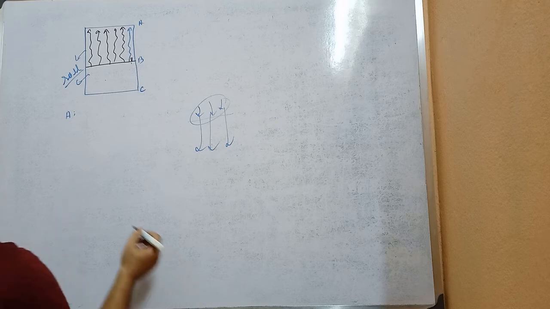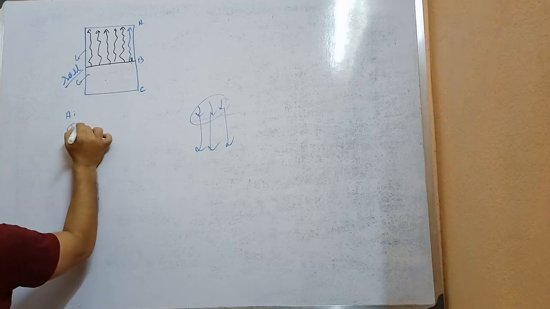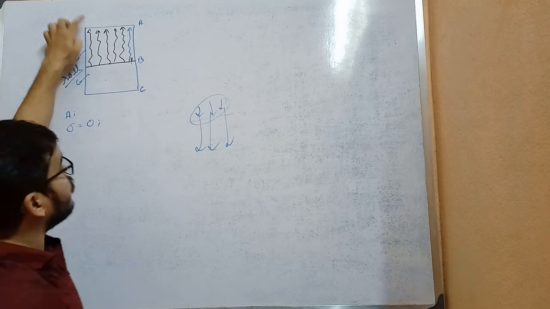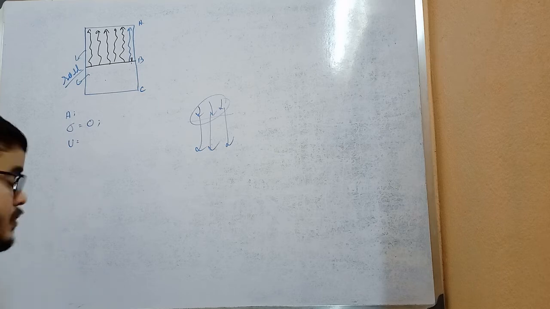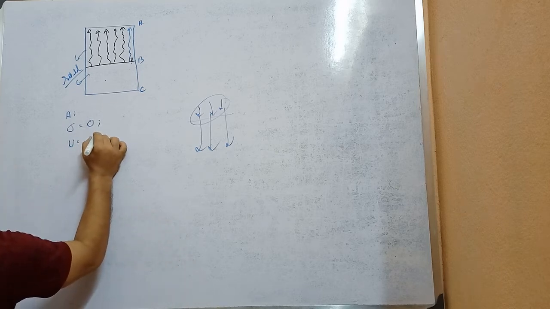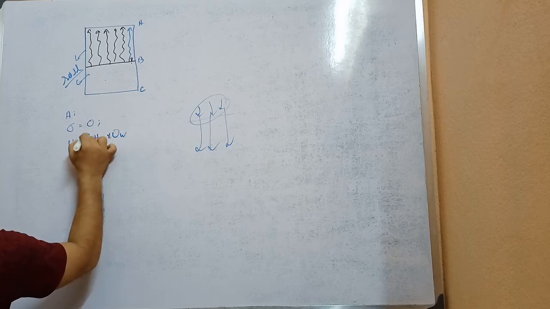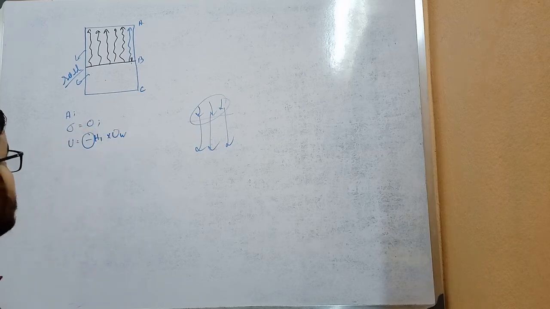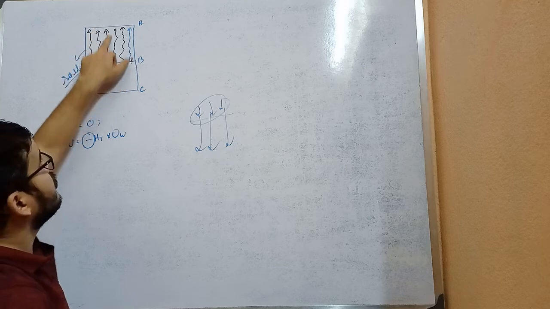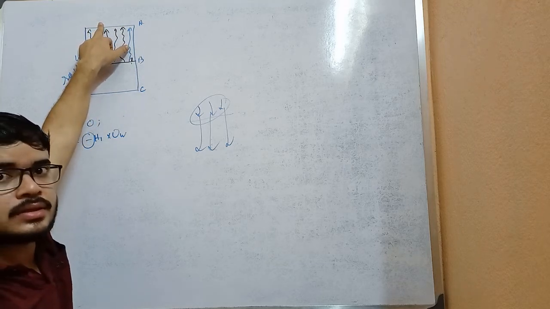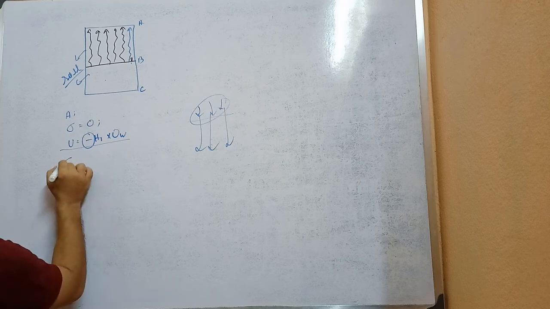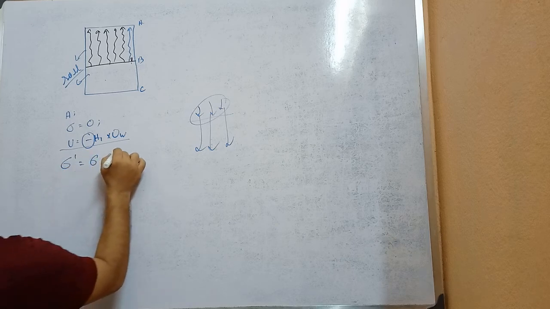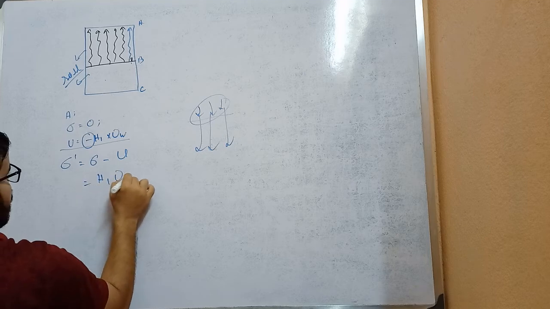So at point A, total stress will be 0, as there is no soil above it, but pore water pressure will be minus H1 into gamma W, as the water is giving the pressure from the downside. So pore water pressure will be minus H1 into gamma W, and effective stress will be total stress minus U, so H1 into gamma W.